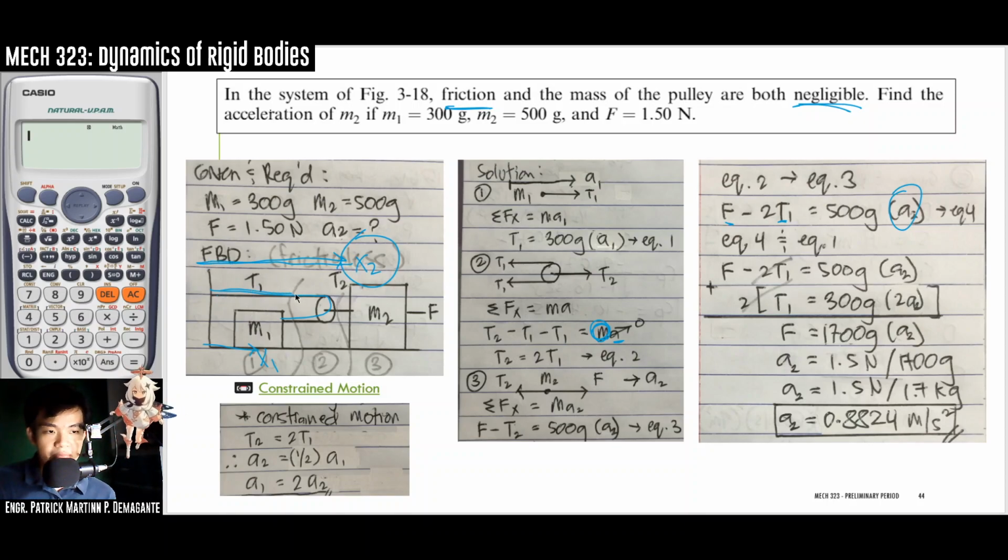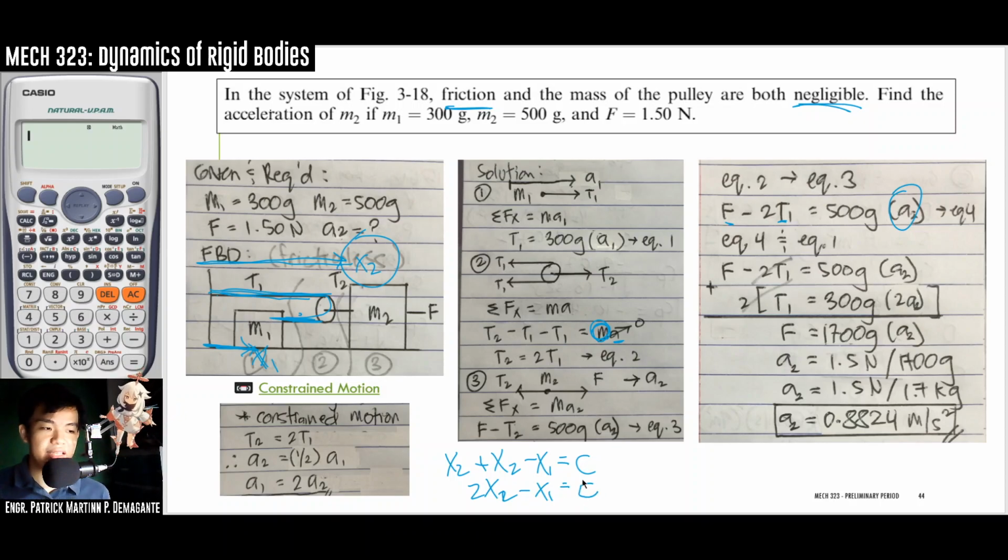Tapos, paano naman natin malalaman yung haba nito? So, meron tayo ulit x2. So, x2 plus x2. Pero, maminusan natin yung x1, minus x1 is equal to a constant value. Okay, simplify. Meron tayong 2x1, 2x2 minus x1 is equal to c.